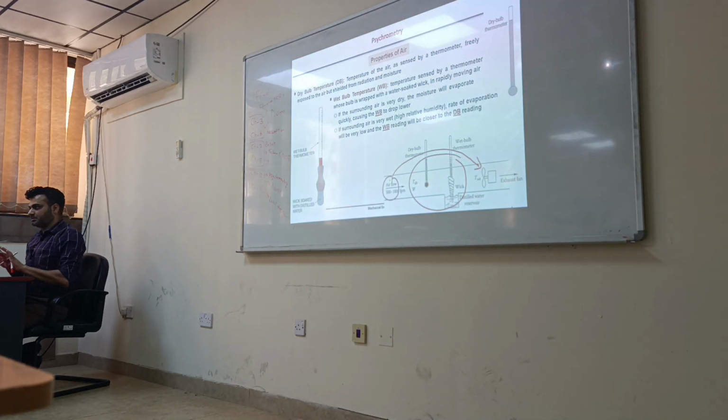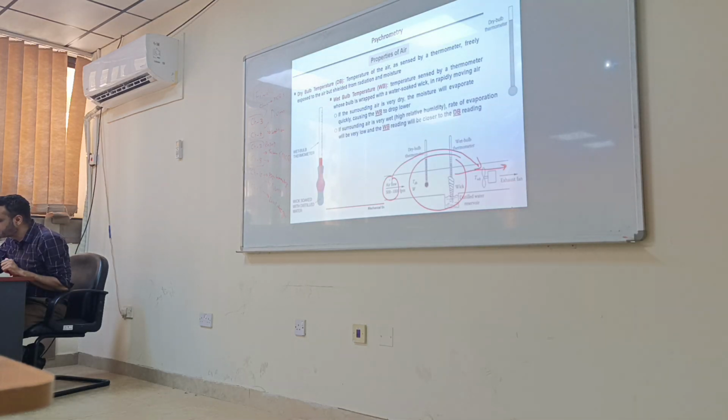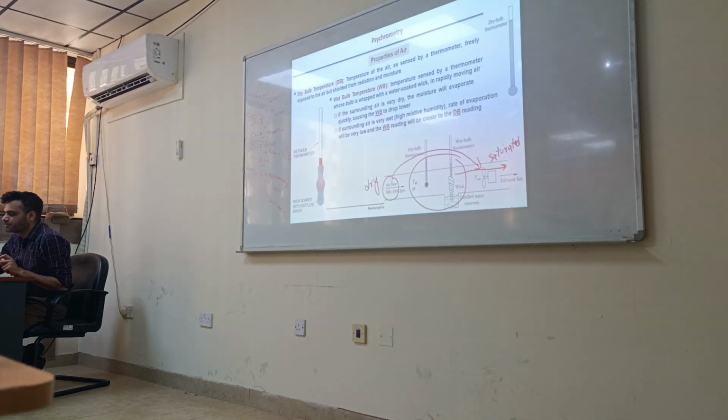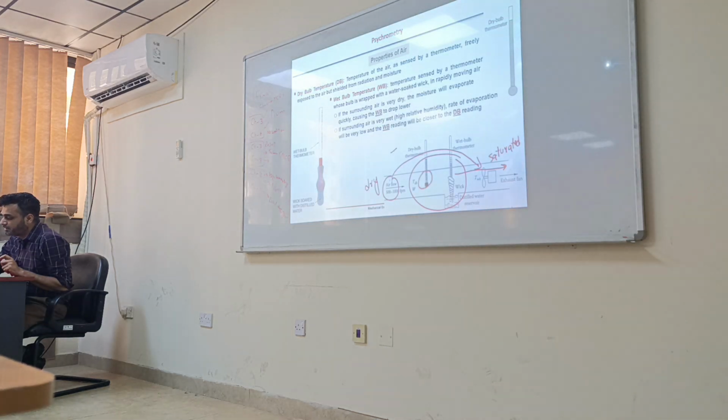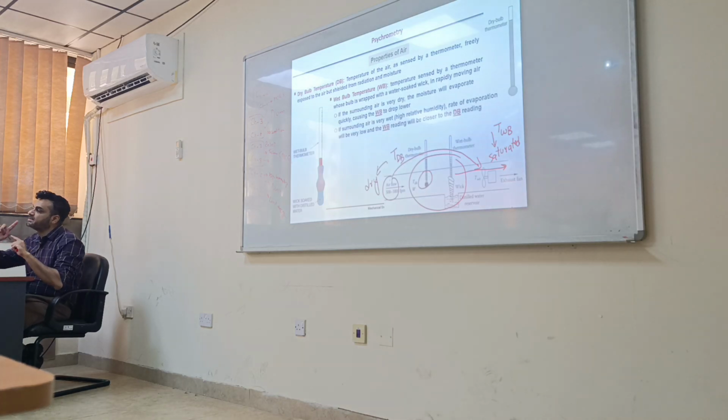Then we call it fully saturated air which is leaving here. It was dry air entering, now it is fully saturated air. So this temperature is the dry bulb temperature of that air, and this will be the wet bulb temperature of that air when it is fully saturated with water vapor.